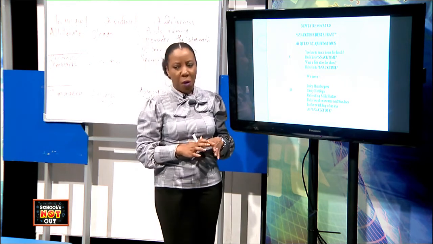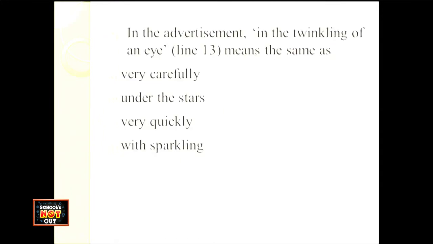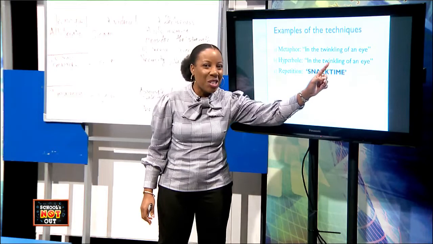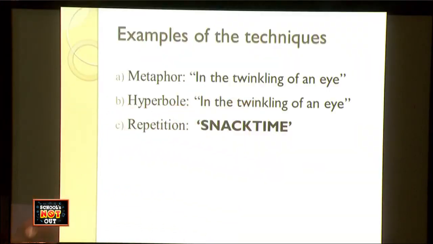Where is the metaphor? Do you see the metaphor? Yes, the metaphor is also contained in the twinkling of an eye. There is a direct comparison between two things. And what are the two things being compared?